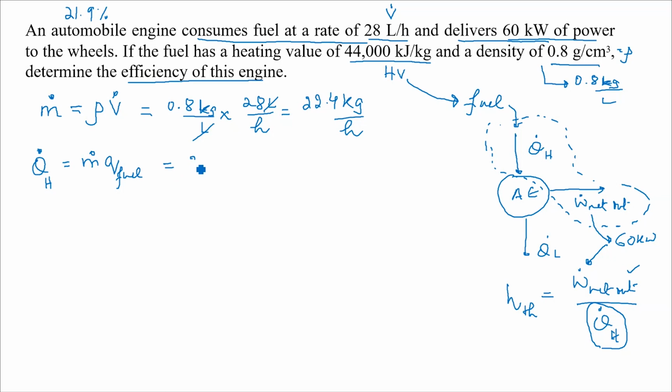Mass flow rate is known to me as 22.4 kg per hour multiplied by the heating value of the fuel, which is 44,000 kilojoules per kg. Essentially kg would cancel out and you will have what is the answer? 22.4 multiplied by 44,000. Sir, 985,600 kilojoules per hour.